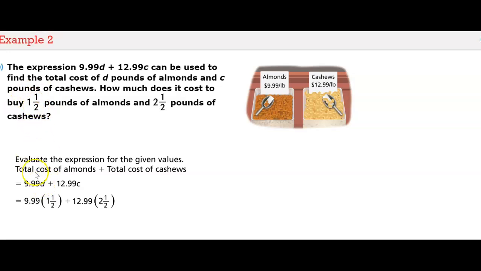Almonds were 1.5 pounds. You substitute D for that, and then the cashews was 2.5 pounds, and they substituted the C for 2.5. And then we have to evaluate that expression.